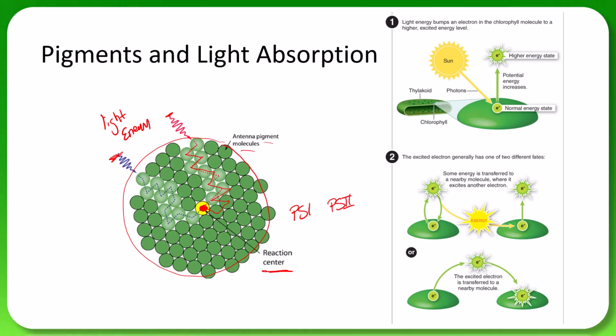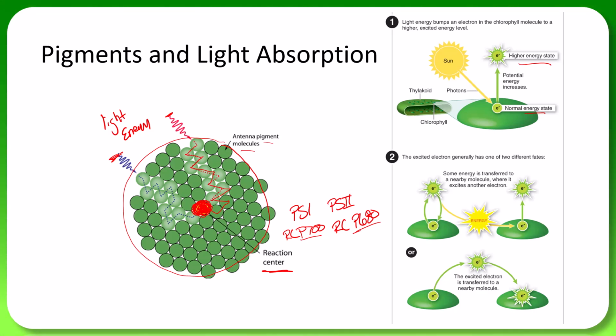Photosystem 2 has a reaction center P680, which represents pigment 680, and the reaction center within photosystem 1 is P700. So we have two reaction centers, P700 and P680. Each one of those is a charging station that allows us to energize electrons. Those electrons are taken from a normal energy state to a high energy state. They essentially charge the electrons.